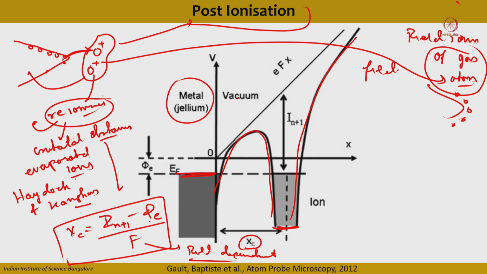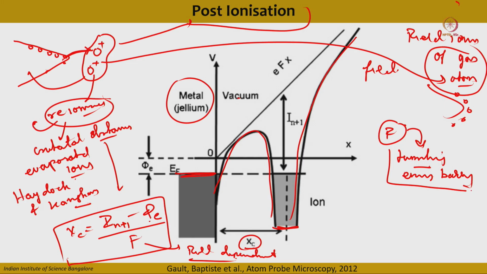Okay, so for a given electric field, the probability of an electron tunneling through the energy barrier is also governed by the applied electric field, and this totally depends upon the time the ion spends in the ionization zone.